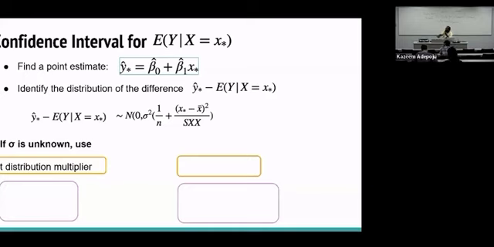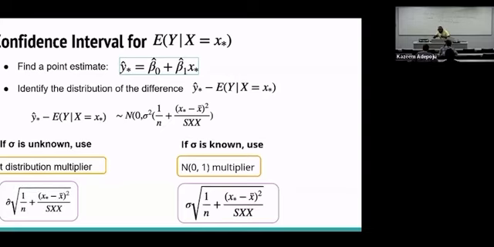So what we have now is that the difference between the predicted and the expected value of y given x follows a normal distribution, where the mean of the difference is 0, and the variance of that difference is sigma squared times (1 over n plus (x star minus x bar) squared divided by Sxx). Now, you know what I'm going to do now? If I want to set it up, finally, I'm going to have two different scenarios, and I need you to pay attention now.